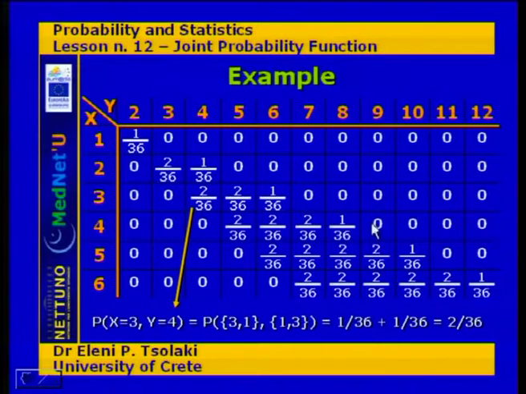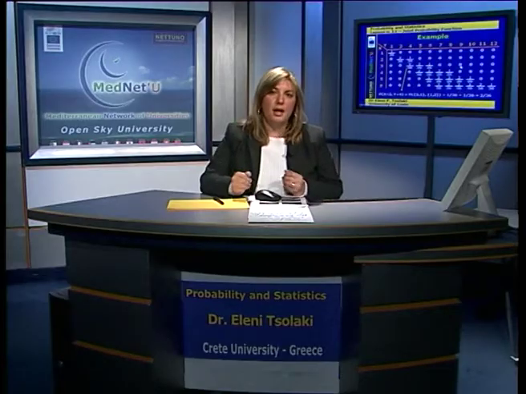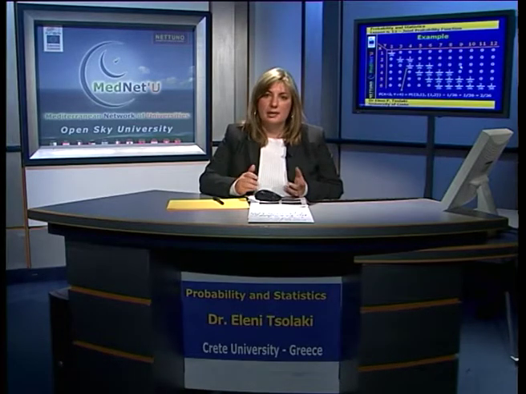Let's have a look at the 0. Why does a 0 come here? For example, we have observed X is 3. X is the maximum of the numbers on the 2 dice. So the maximum number is 3, and also the sum of the 2 numbers is 9, which means that in order to have this, we should have observed on the other dice a 6.